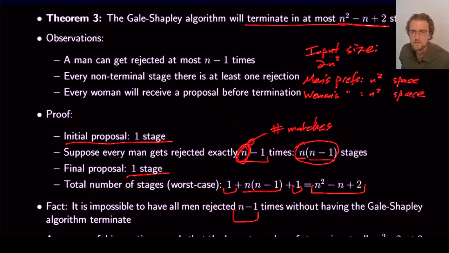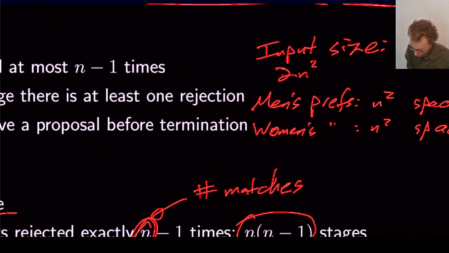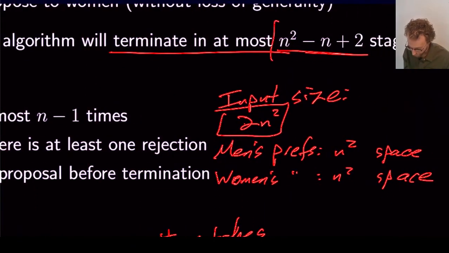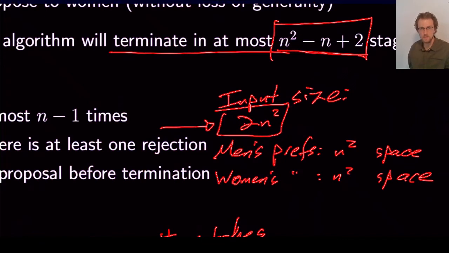So the women's preference is n squared space. So the total input size is this 2n squared. And so what did we say? We said that the running time of the algorithm is at worst n squared. So the running time is directly proportional to the input size, and that means this is a linear time algorithm. If you double the input size, then you double the running time of the algorithm in the worst case.